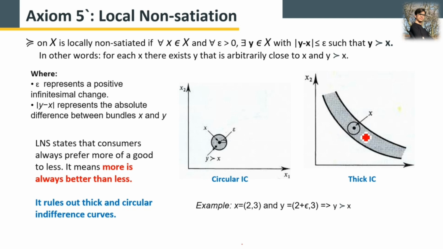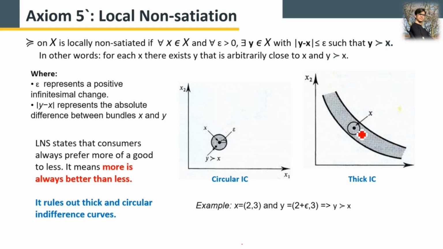And if we have a thick indifference curve, in this area, at this point, we have the same amount of X2, but we have more of X1. Then this point is strictly preferred to this point because at least we have more of X1, even though we have a similar amount of X2.